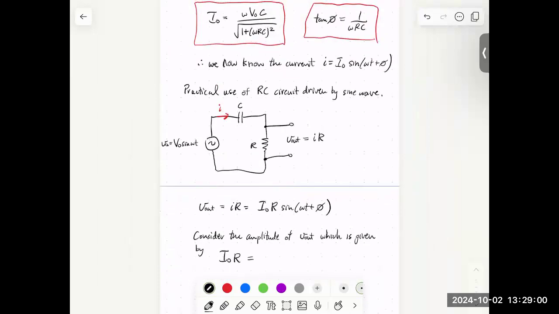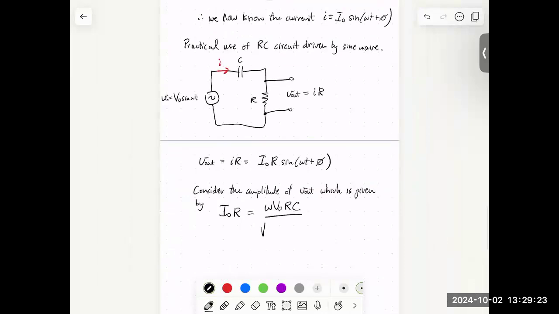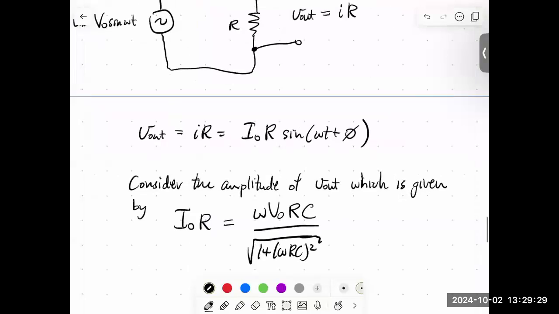It's omega V naught C divided by the square root thing. So this is just equal to omega V naught, and then I have to multiply by R, so I'll stick it in there. So omega V naught times R times C divided by the square root. Okay, so there it is.